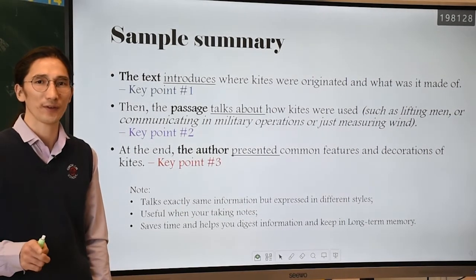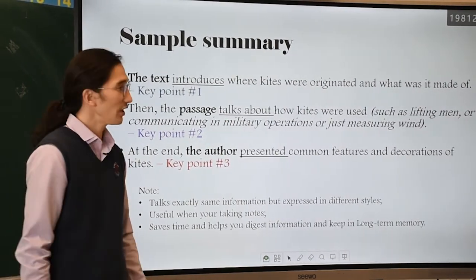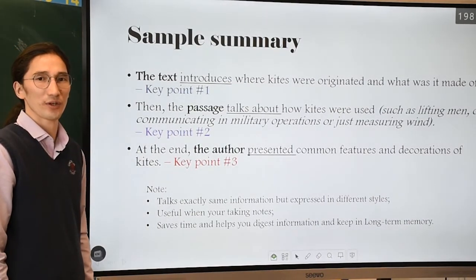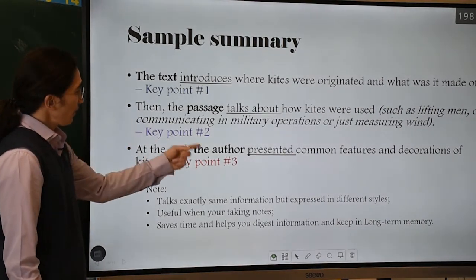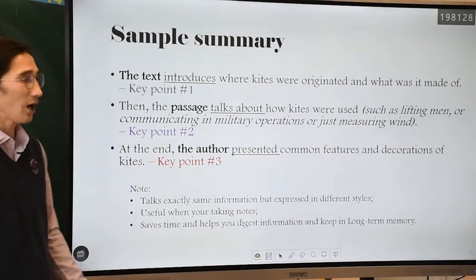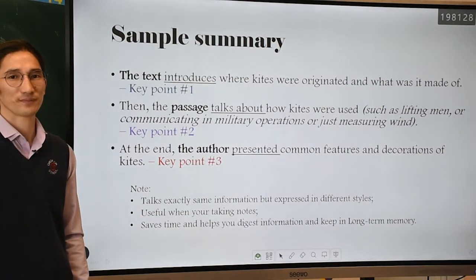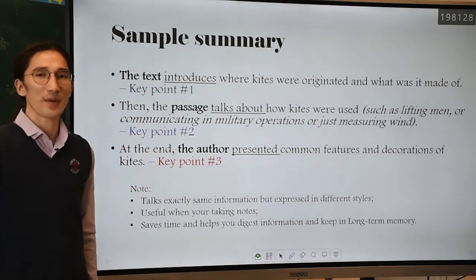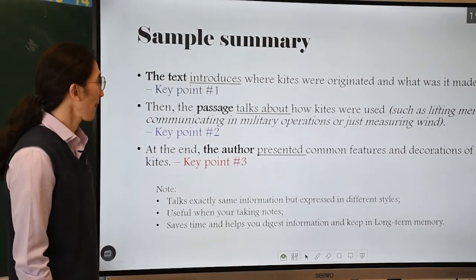But as an author, if you wish to have them in your summary, maybe you can include them. That was the key point too. Also, there is the third key point, which can be summarized as the author presented common features and the decoration of kites in paragraph 1. Right? So when these three come together, it may be considered a complete summary of paragraph 1.